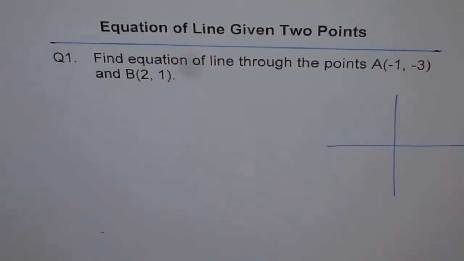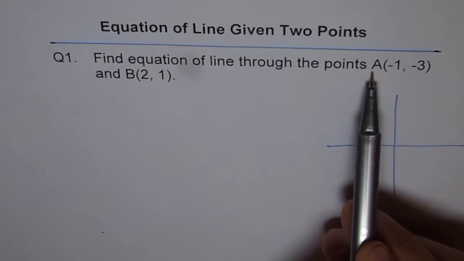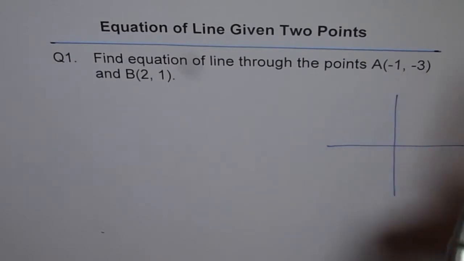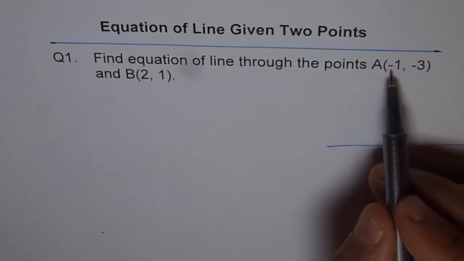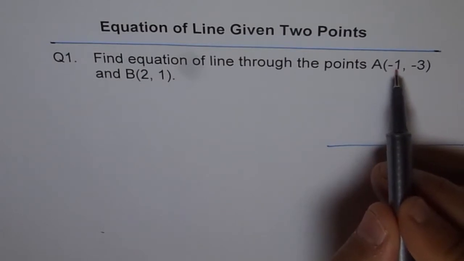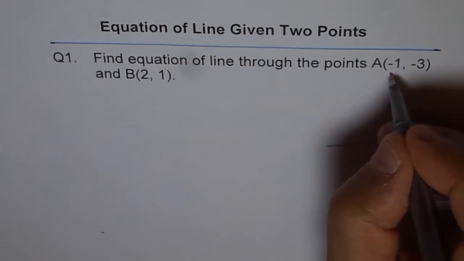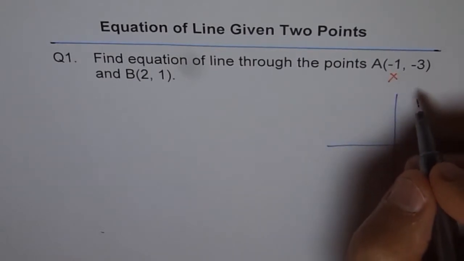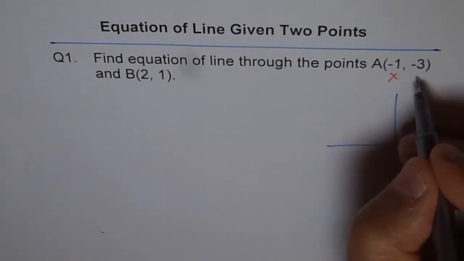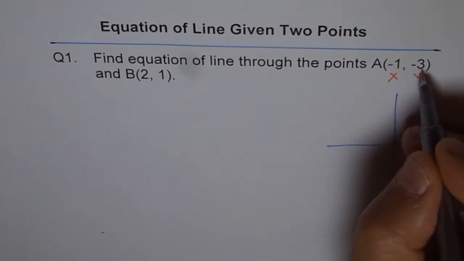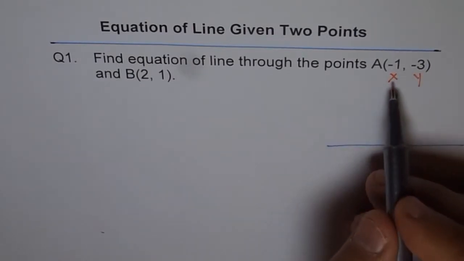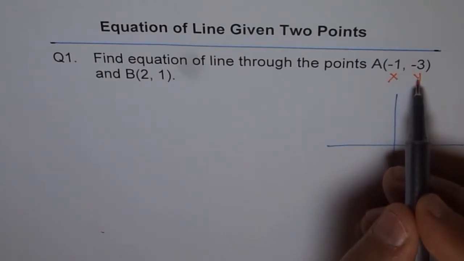Now, when we say point A is (-1, -3), we really mean that -1 is along the x-axis and -3 is along the y-axis. That is our x component, and -3 is the y component of the ordered pair. We call it the x coordinate and the y coordinate.